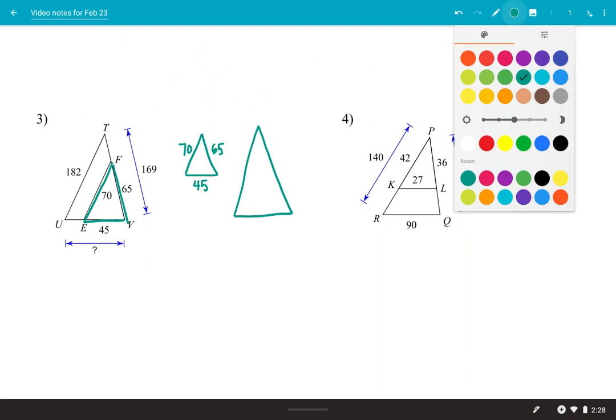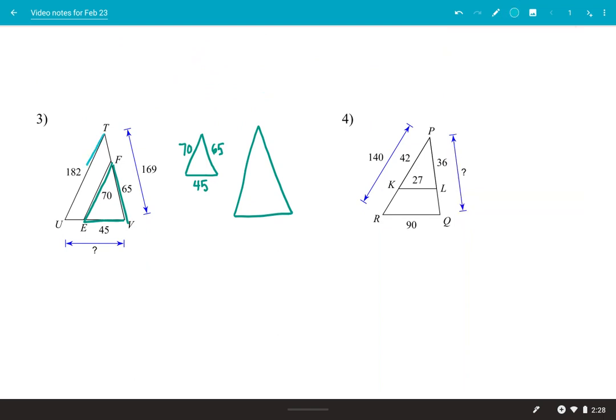Now this time for our large triangle, they're actually giving us the whole number. If we were looking at it yesterday, we'd have to actually find out what the whole number was for each side. So this is 182, 169, and we do not know what this side is.